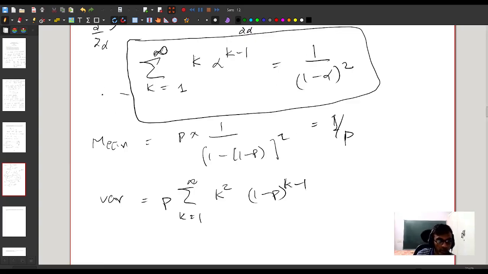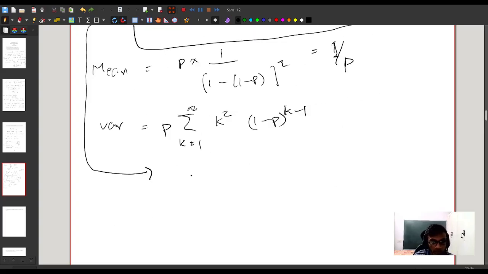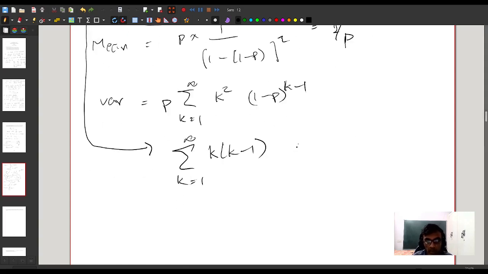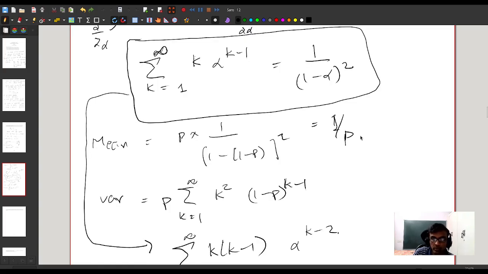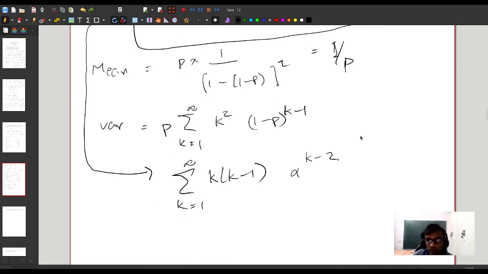Starting with this, if you take a derivative with respect to alpha again, it is k times (k minus 1) times alpha to the k minus 2, and this will be equal to 2 by (1 minus alpha) whole cube.